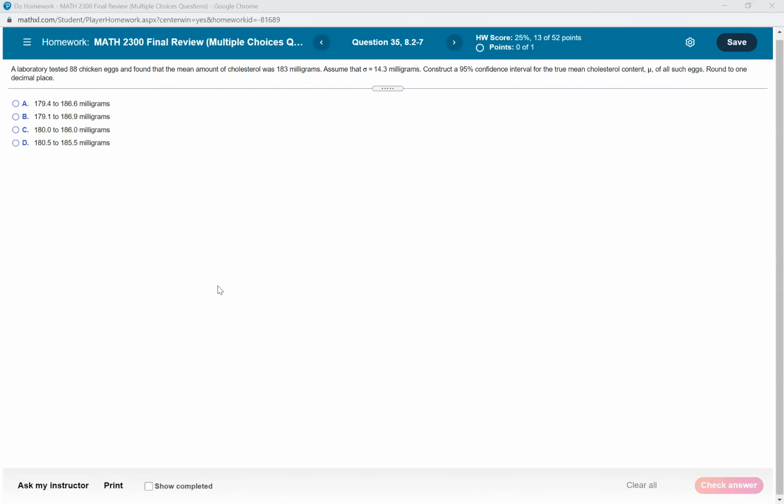Okay, so here we have 88 chicken eggs tested in the laboratory, and it was found that the mean amount of cholesterol was 183 milligrams. So the sample size n is 88, the average is 183, and sigma is 14.3.